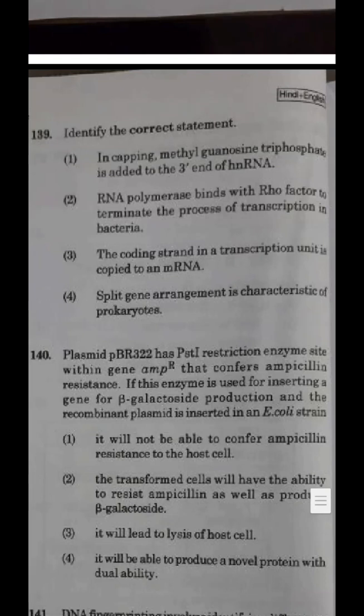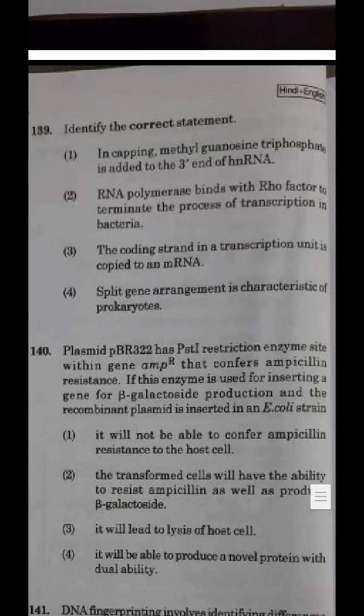Next, we move on to the second statement. RNA polymerase binds with the Rho factor to terminate the process of transcription in bacteria. Yes, this is also correct, because during termination of transcription, we know that Rho dependent or Rho independent termination is possible. In case of Rho dependent termination, there is a factor called Rho factor, which behaves as a helicase.